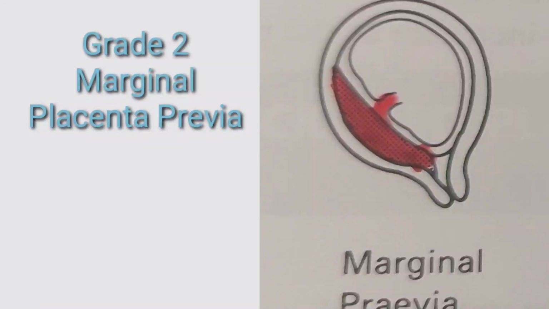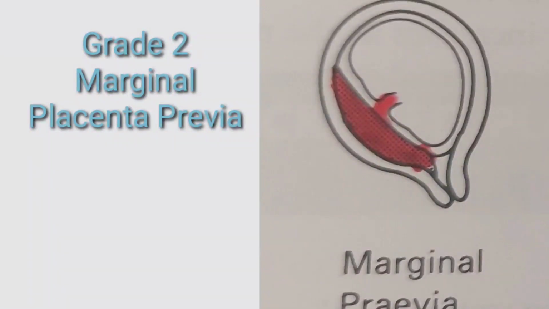Another grade of the placenta is called grade 2 placenta previa. It is also called marginal placenta previa because the presence of the placenta on the edge of the internal os is considered marginal, since it is not obscuring the opening of the internal os.